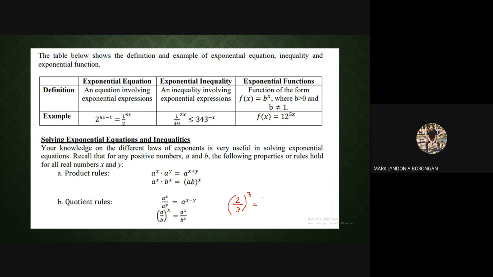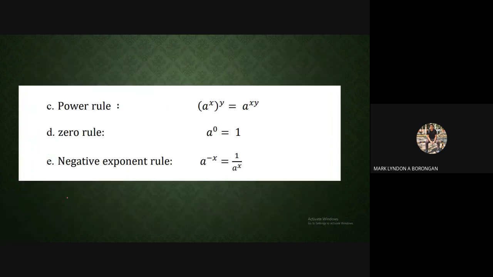So, imong buhaton ani is to distribute 3 to each of the bases. So, you have 2 to the power of 3 and also 3 to the power of 3. So, dili ka mo subtract or mo add sa exponents if lahi sila og bases. Okay? So that is for our product rules and quotient rules.